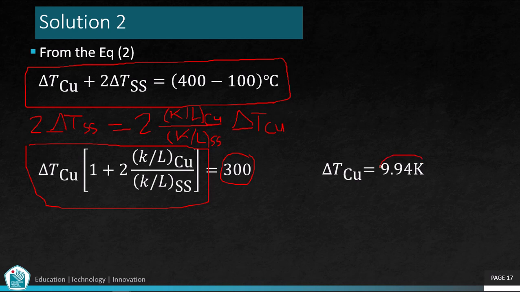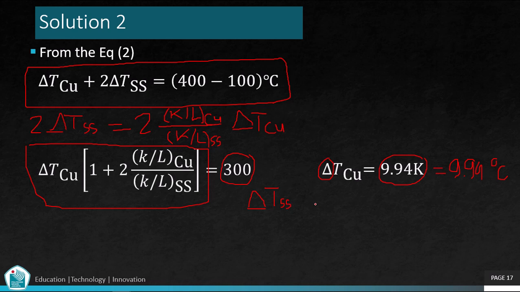Remember, this is a delta, so this will be equal to 9.94 degrees C. And then the next one, we need to find the delta TSS.